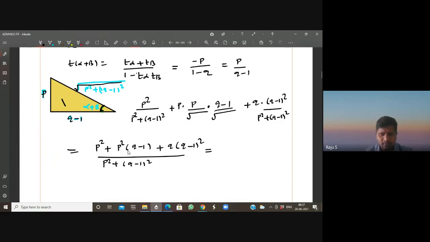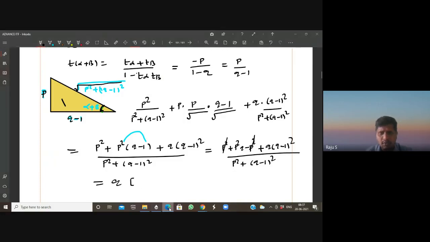Here minus p square plus p square get cancelled. Otherwise you can write one more step, no problem at all. So p square plus p square q minus p square, then plus q times q minus 1 the whole square, by p square plus q minus 1 the whole square. P square gets cancelled again. What is common in the numerator? Q is common.